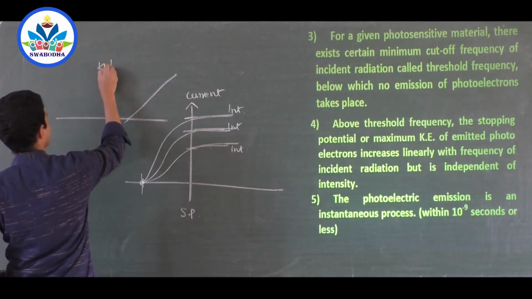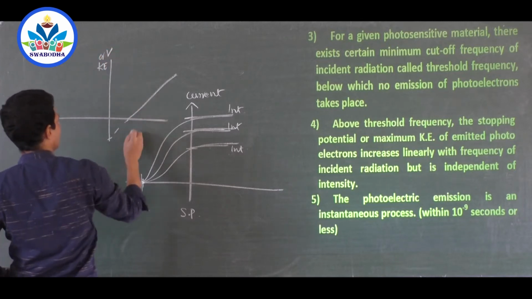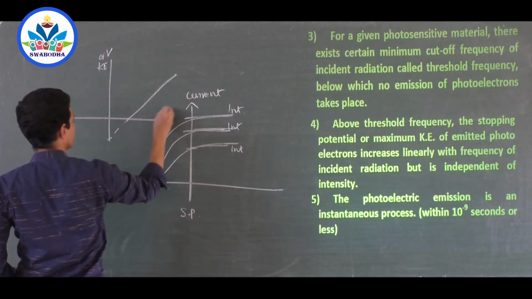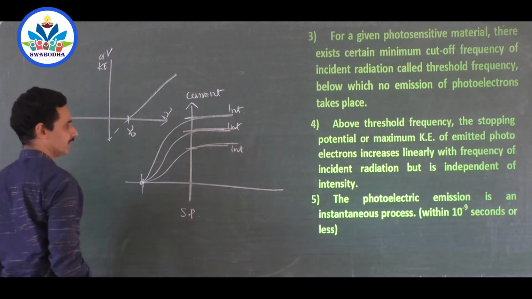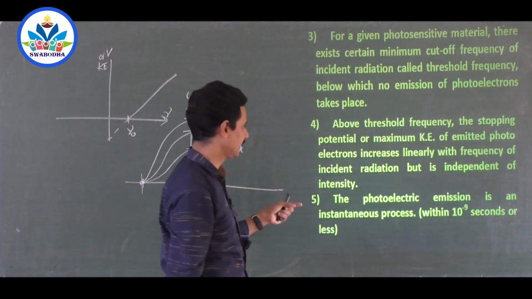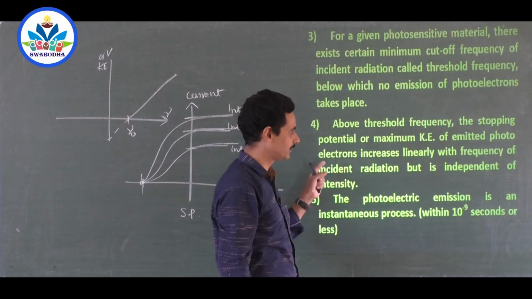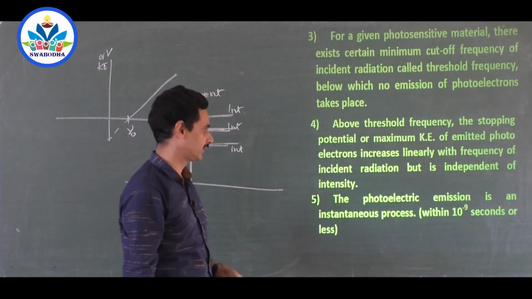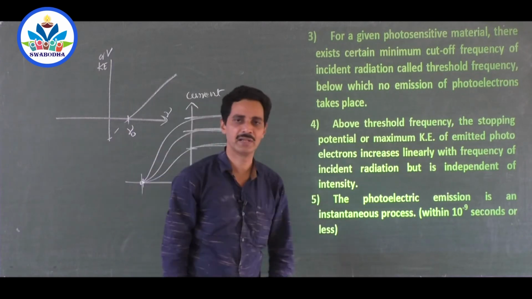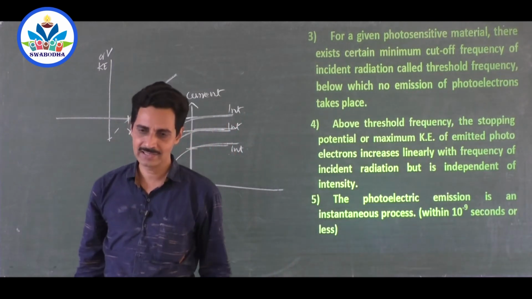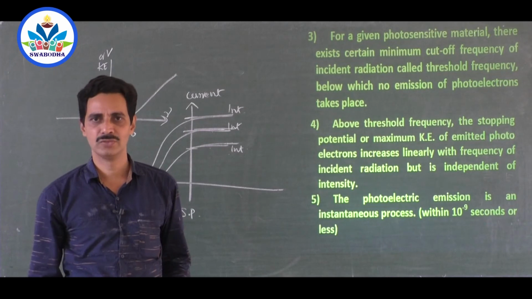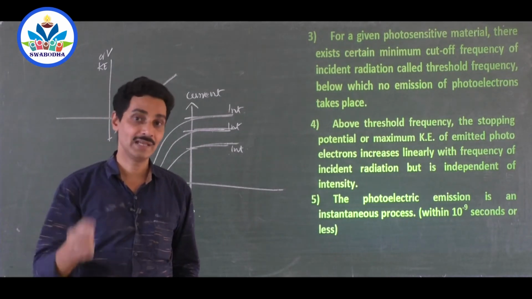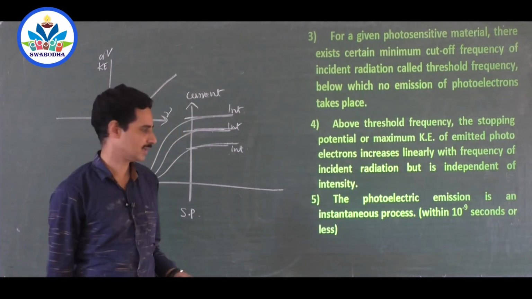So this is kinetic energy or stopping potential, and this is frequency, and this is threshold frequency. Above threshold frequency, the stopping potential or maximum kinetic energy increases linearly with frequency but is independent of intensity. So if you change the brightness, kinetic energy has nothing to do with that, but kinetic energy changes when the frequency of incident radiation increases.